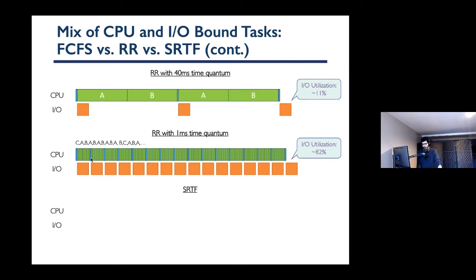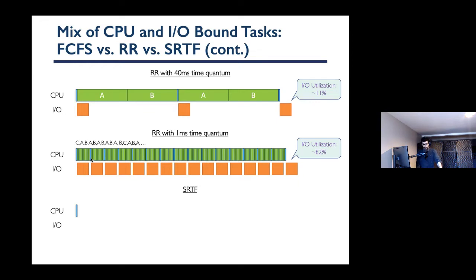Now let's look at SRTF. With SRTF, if you are a long task, you're going to be screwed, having the lowest priority. Every time C comes back to the system, it will get the highest priority.